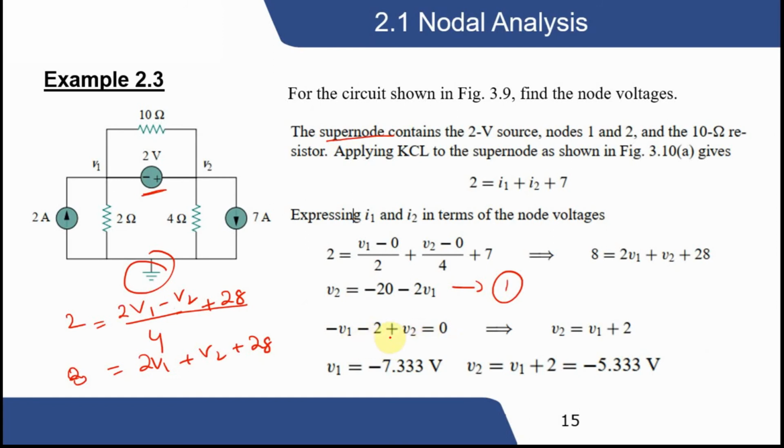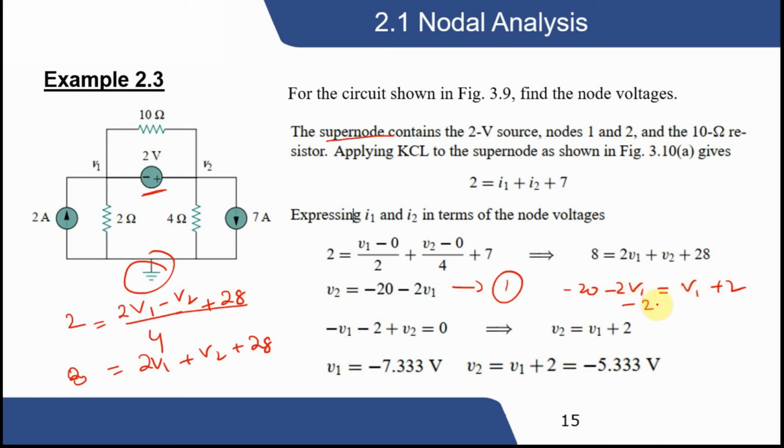So we can calculate V2 from this side as well. If we put V2 from here to here, we will have the equation minus 20 minus 2V1 equal to V1 plus 2. And as we know that we have only one variable, we can solve for it.